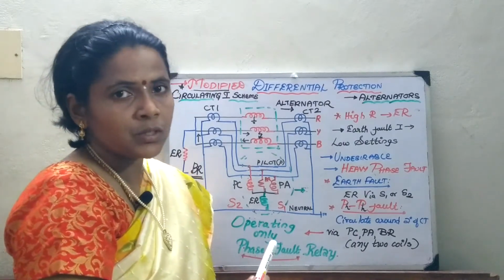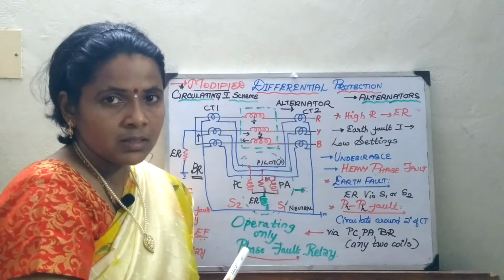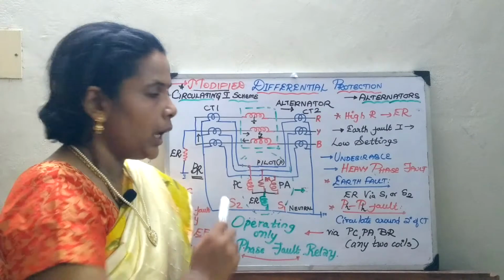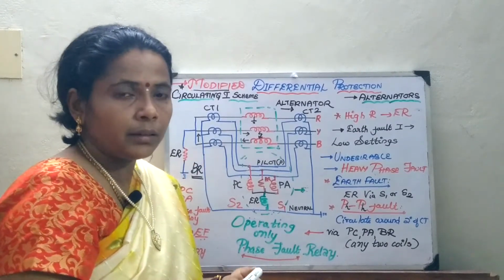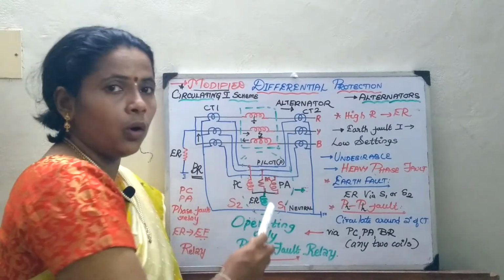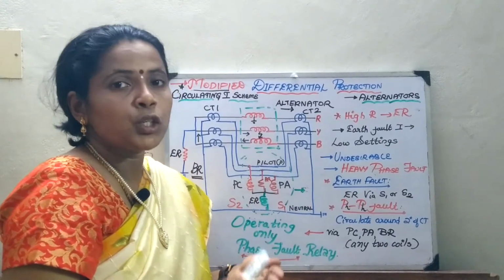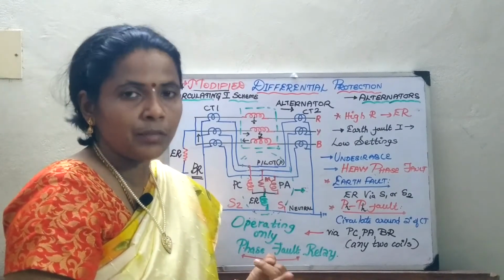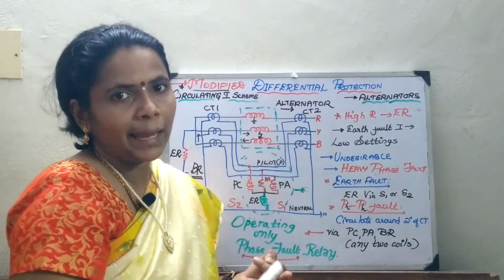Now, we have already discussed that you are going to have a very high resistance near the neutral. What will happen? It is going to limit the current. So, whenever it limits the current, you have to set your relays to low values. The same circuit should act for different kinds of fault. It should act for the earth fault, and if a short circuit fault occurs between the phases, the relay should also act.